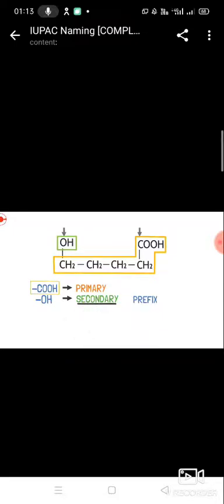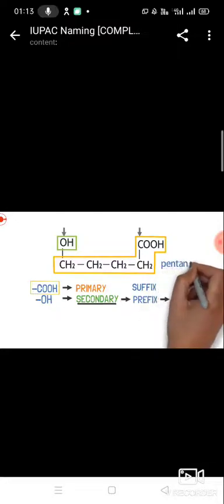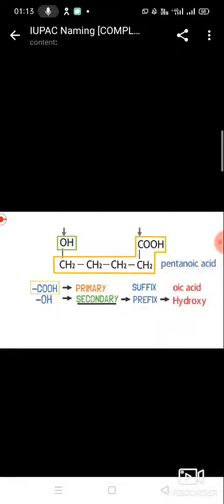Next is the secondary prefix. The secondary group is OH. OH means OL should come, but with suffix OIC, the prefix is hydroxy. Instead of OL, we have to write hydroxy. This is pentanoic acid because 5 carbon atoms are there in a straight line.